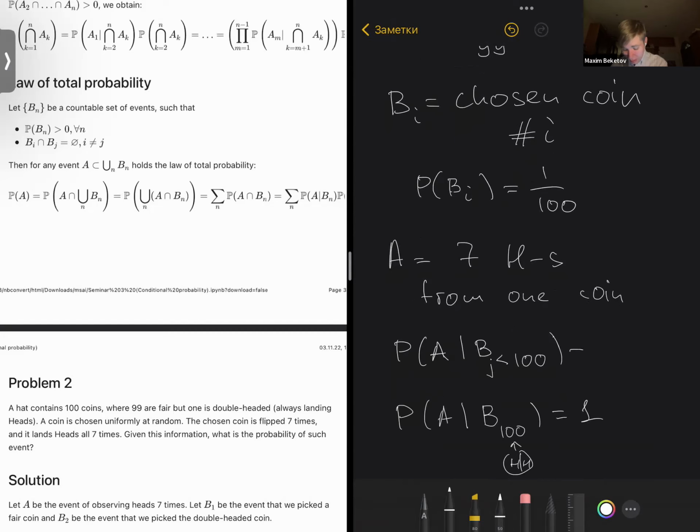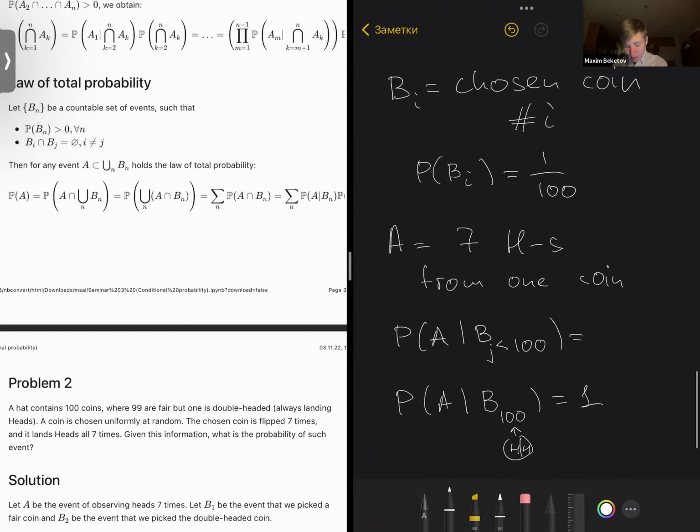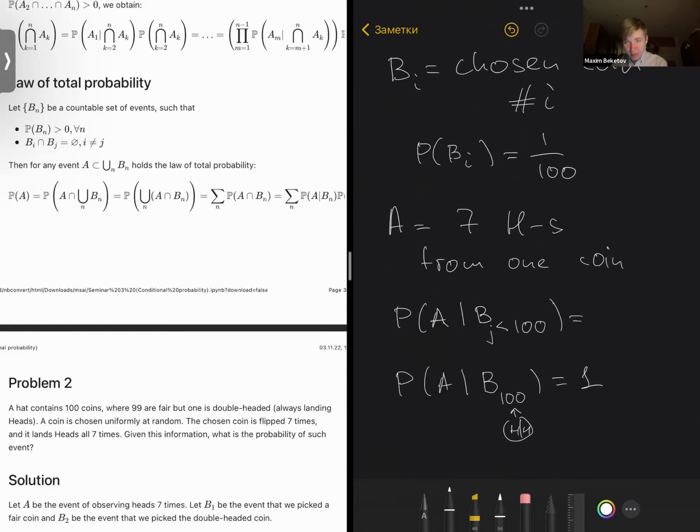Of course, if we flip such a coin 7 times, we would get 7 heads. But here we have a fair coin. How do we find this probability? If we flip 1 time, we have heads with 1/2, right? And we should have it to the power 7, of course.